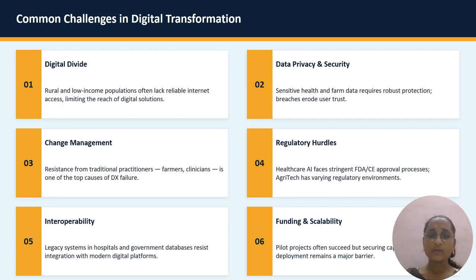The real problems are human, regulatory, and infrastructure related. Getting people to adopt tech, protecting data, meeting legal rules, connecting old systems, and funding large-scale rollout. Then we see the next slide.